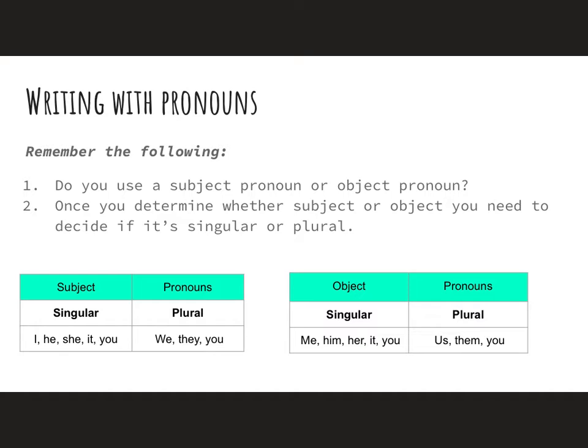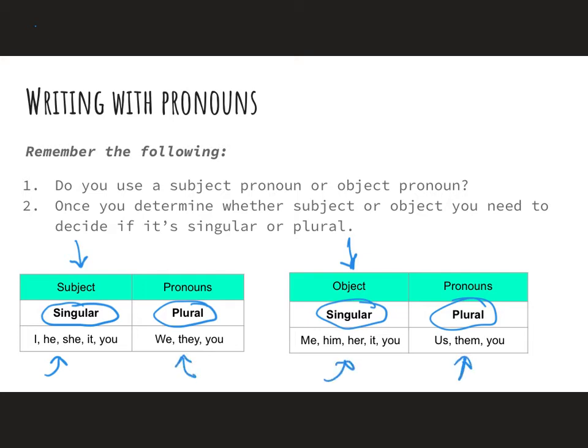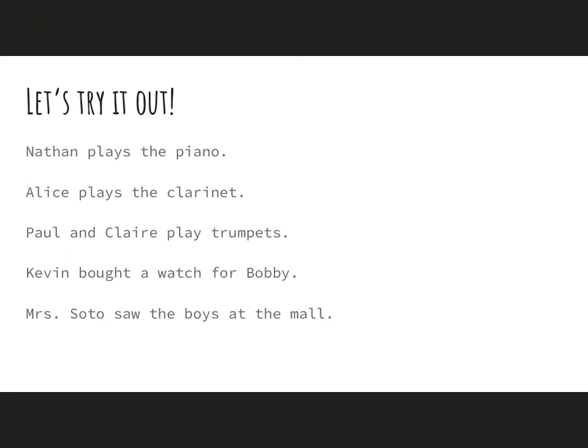Once you determine whether it's a subject or object, you need to decide if it's singular or plural. And then you have your chart to help you determine which ones to use.